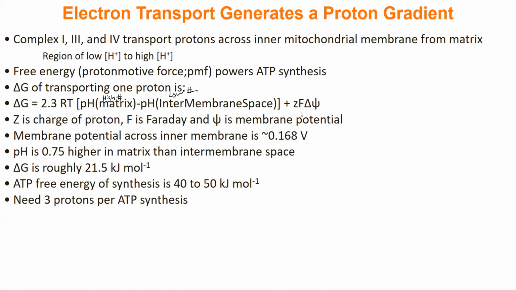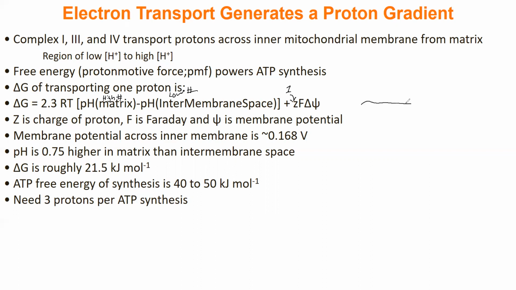Plus Z, the charge of a proton, so it's really +1. That's always 1. F, Faraday's constant, 96,485, multiplied by the membrane potential. That is, what is the charge differential between the intermembrane space and the matrix?